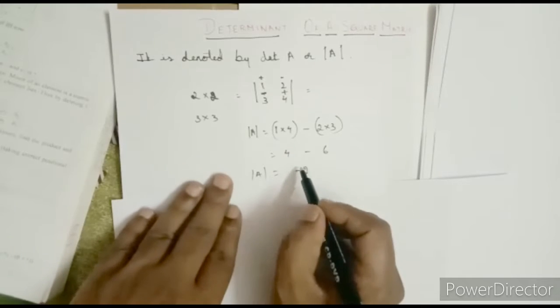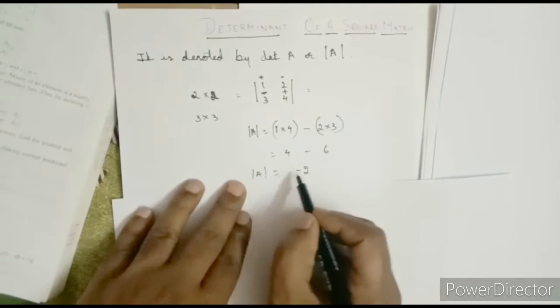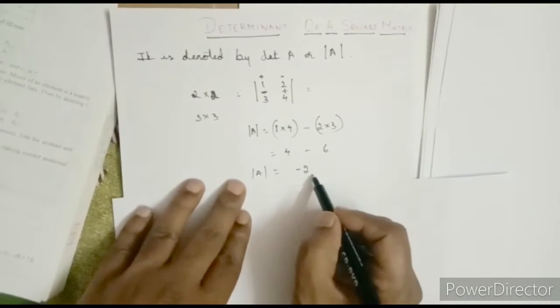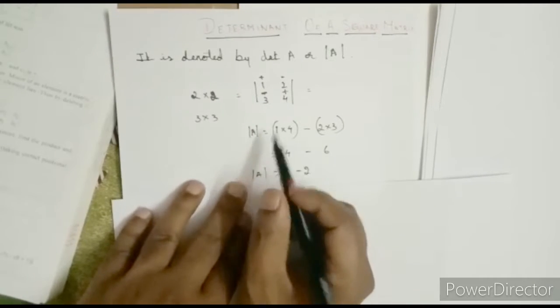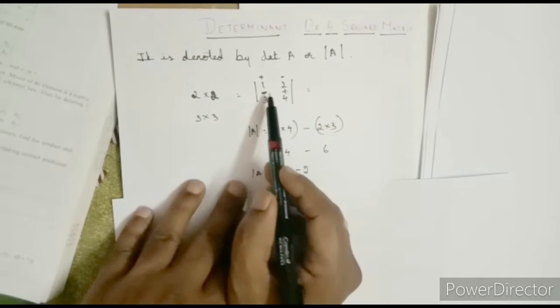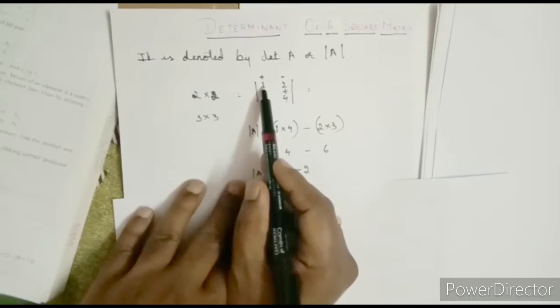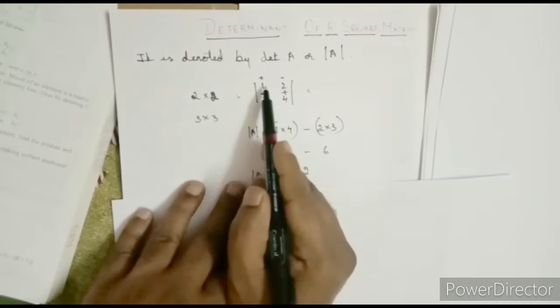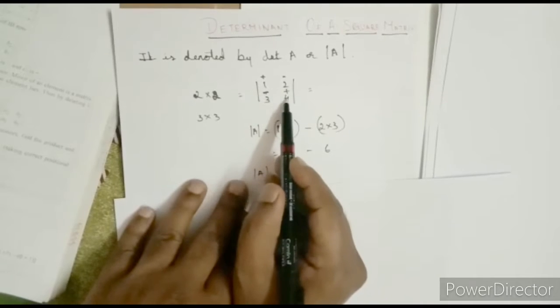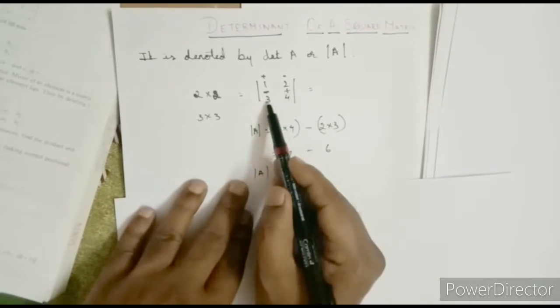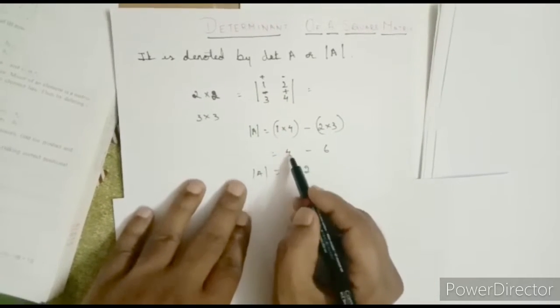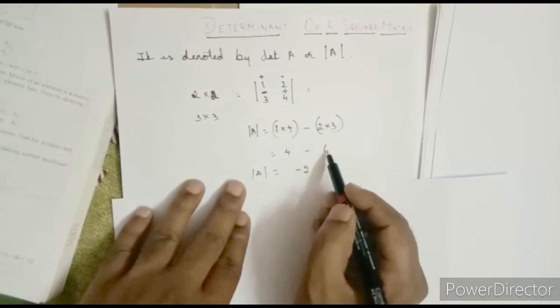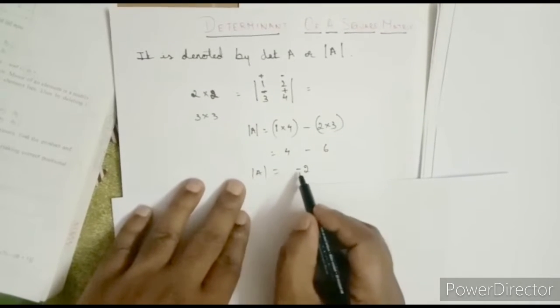If we simplify this, we are going to get as minus 2. Here minus 2 is nothing but det A. Just once again see this problem wherein what we have done is only cross multiplication. Just we have cross multiplied it, 1 into 4 minus 2 into 3. So 1 into 4 is 4 minus 2 into 3 is 6. So therefore det A equals minus 2.